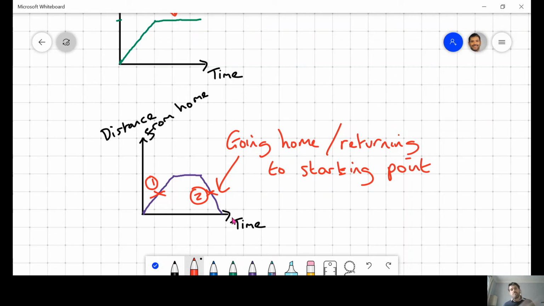This one is coming back to home. What else? Look at the gradient. So we can see that this line is steeper than this line. So here I'm going faster than I was here. So perhaps on the way up to Sheffield, I was conserving fuel or something and cruising at 60. And then on the way back, I need to get back to school or whatever. So I'm going 70. But the steepness of the line is the speed, as we said earlier. Okay, let's get that down, please.